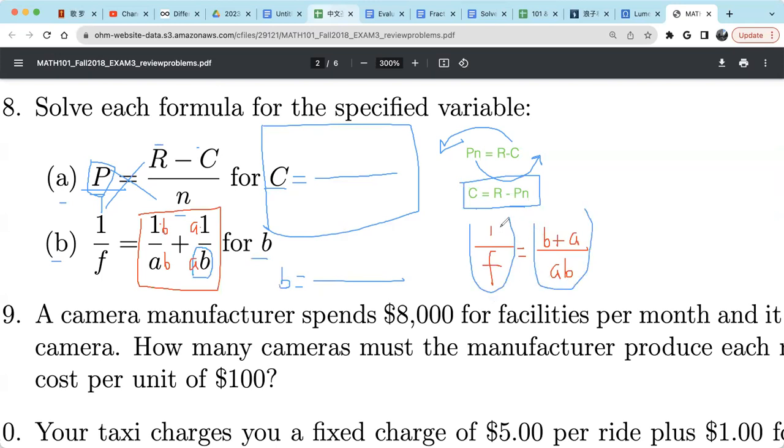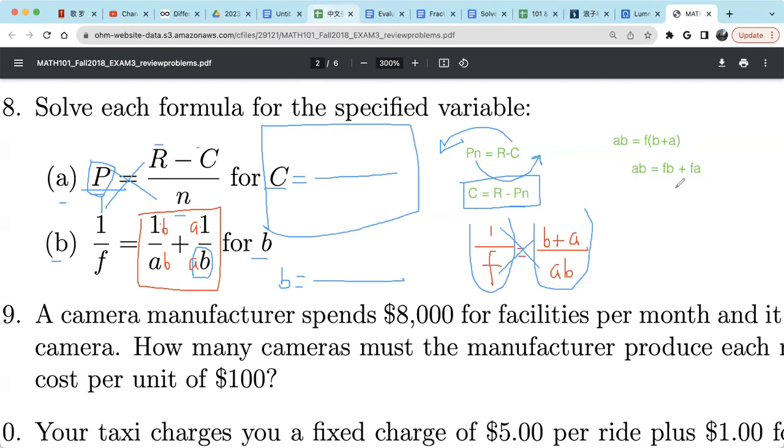I can perform cross multiplication. When I cross multiply, I get 1 times AB, just AB, then F times B plus A, right? I have to distribute F. So AB equals FB plus FA.